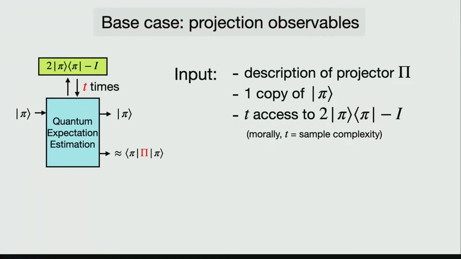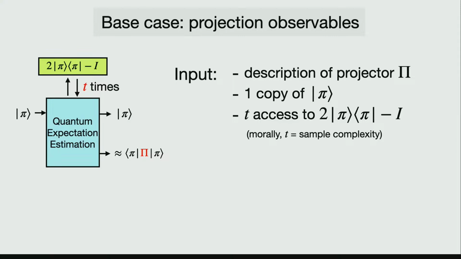Here I will focus on a simplified case in which we just want to estimate the expectation value of a projection under the Gibbs state. I'm just picking the simplest observable that you may imagine.